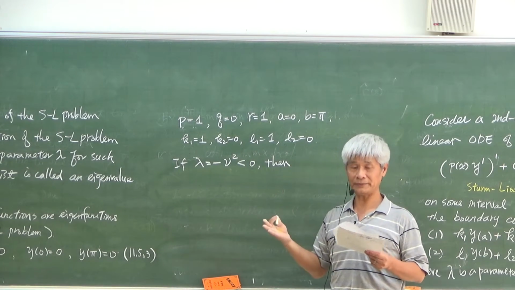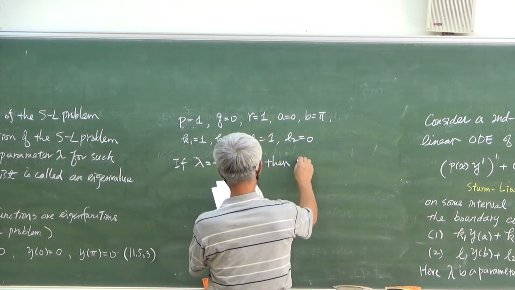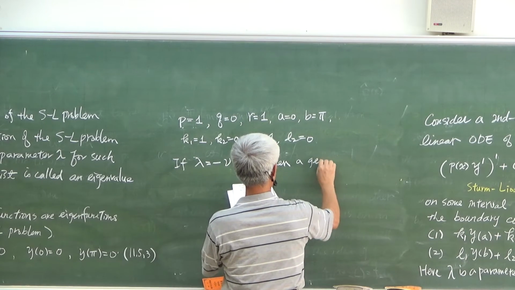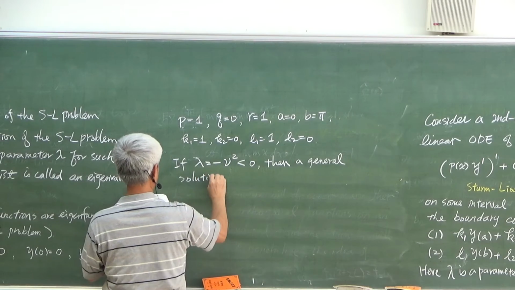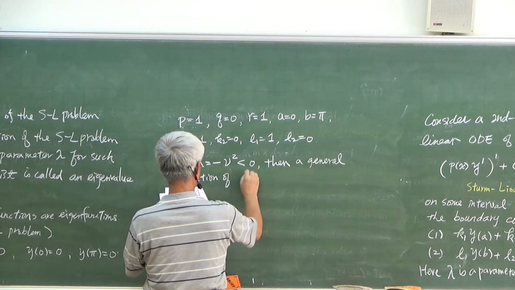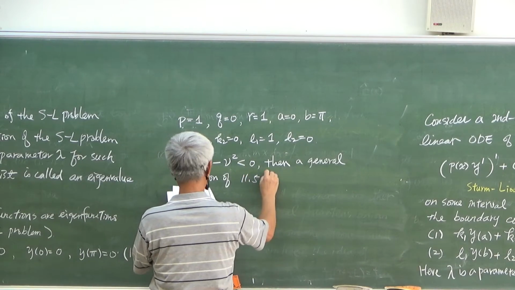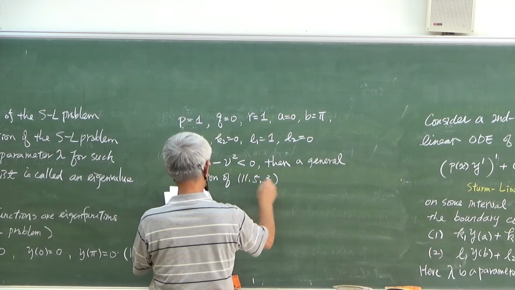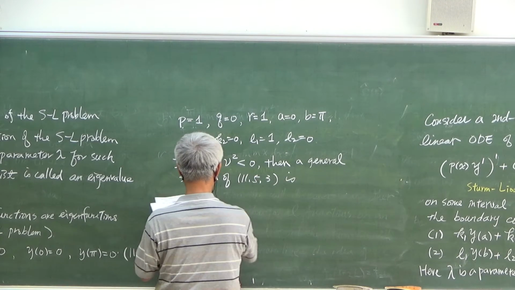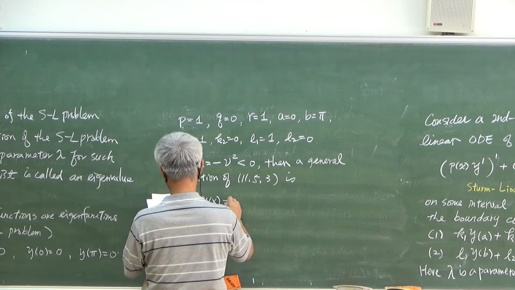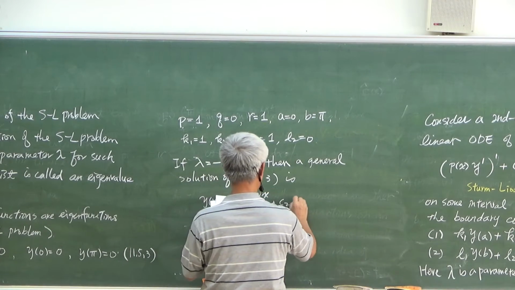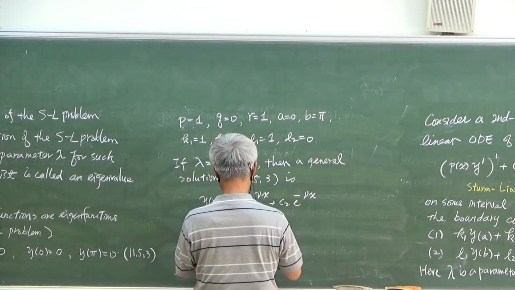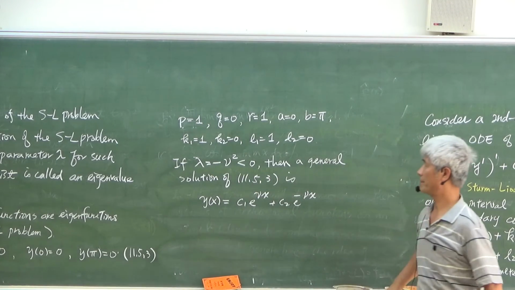Then the general solution of 11.5.3 is y equals c1 e to the mu x plus c2 e to the minus mu x.